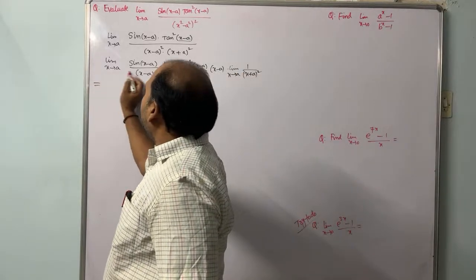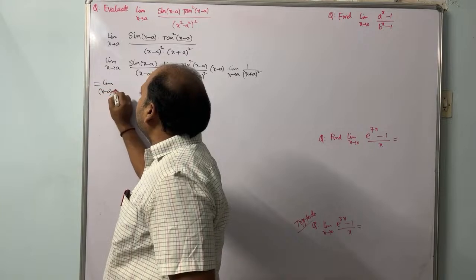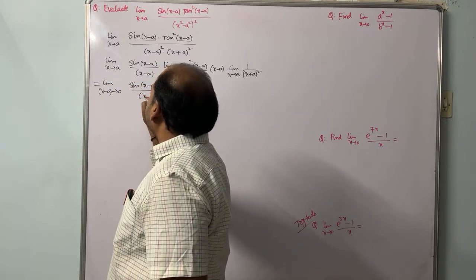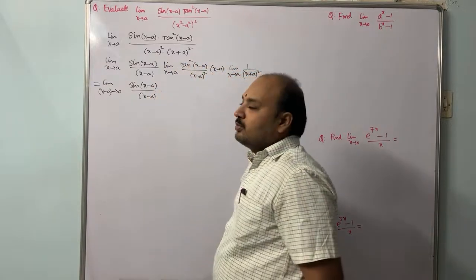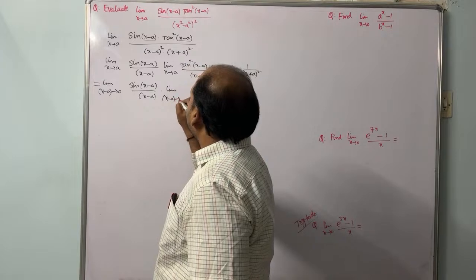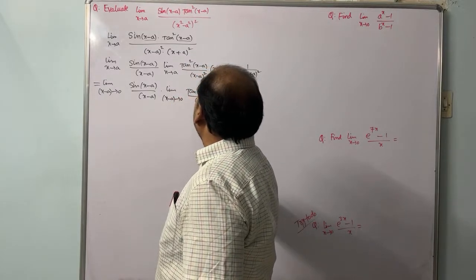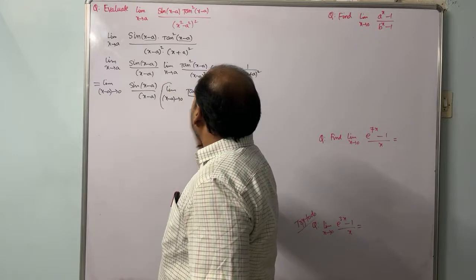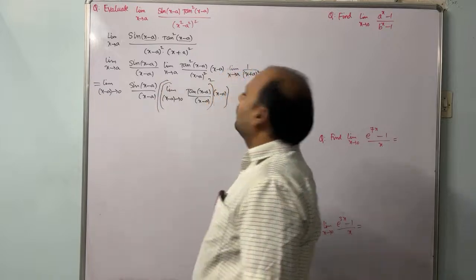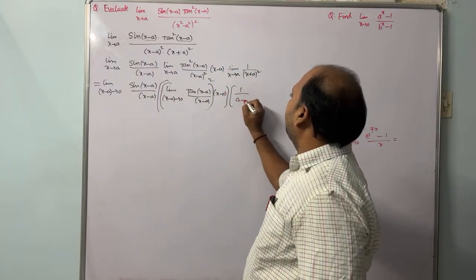So by using the formula, x tends to a means x minus a tends to 0, sin of x minus a by x minus a into limit x minus a tends to 0, tan of x minus a by x minus a whole square into x minus a. Next, x is equal to a substituted, 1 by a plus a whole square.